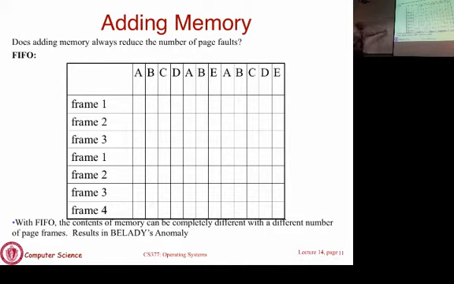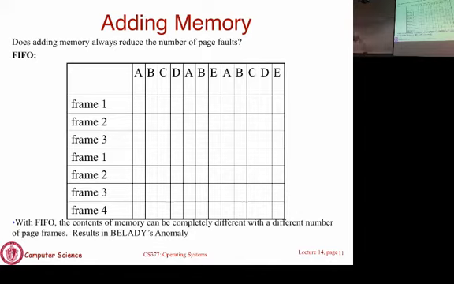E was brought in here, C was brought in here, B is brought in there. B is the oldest one. So C, B, page fault, and the last one is not a page fault. So now that's the scenario with 3 pages.